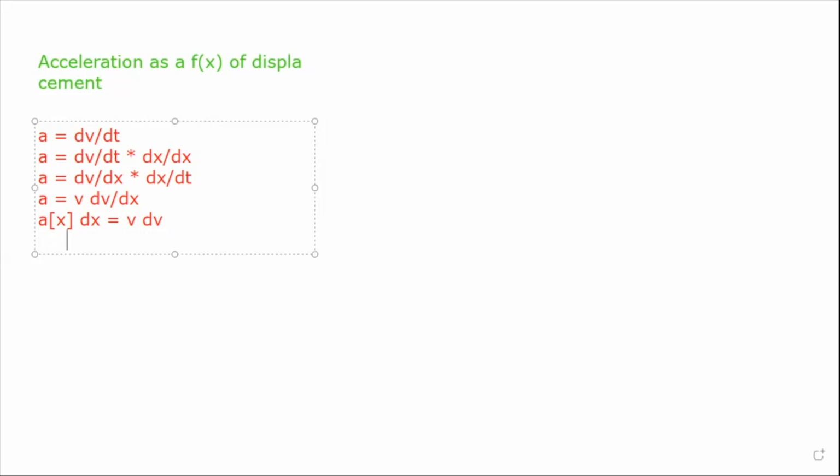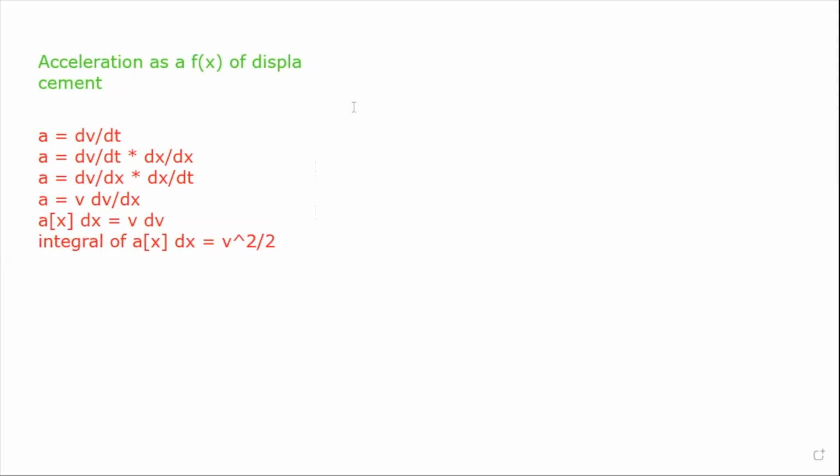What you're eventually going to get is the integral of the left-hand side, a of x dx, which we are yet to know since it depends on the function. And this is going to be equal to v squared over 2, because we raise the power to 2 and then divide by 2. And this is our final equation.